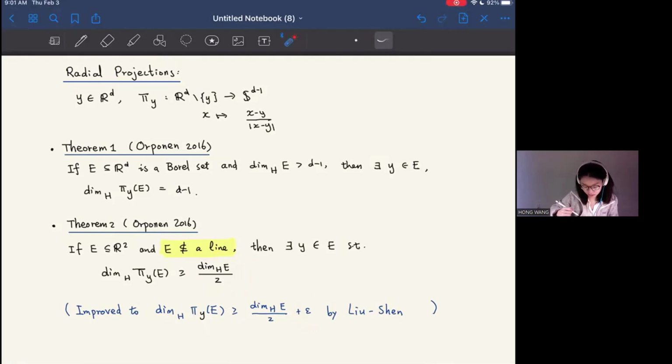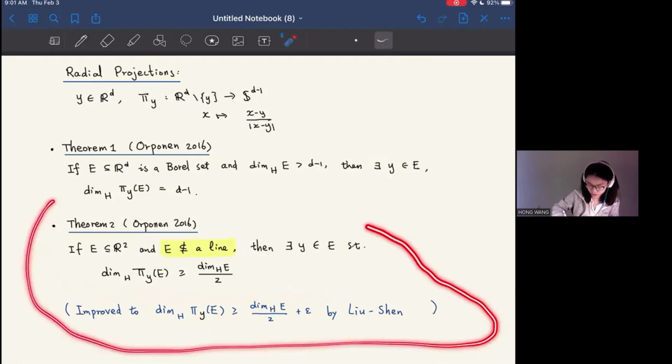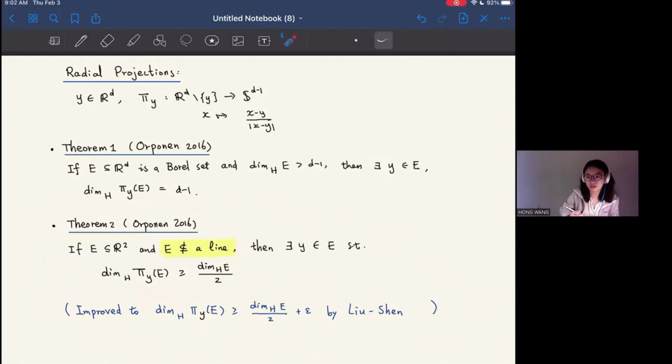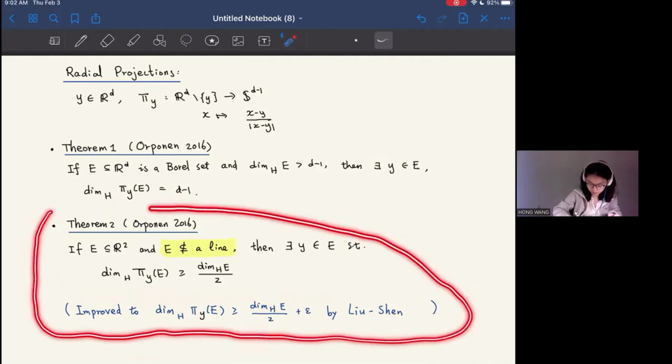For the sets that we care about, this part is the only radial projection theorem that we knew. And that's much weaker than, say, 1. So in other words, to improve our distance set result, we need to somehow improve this theorem.